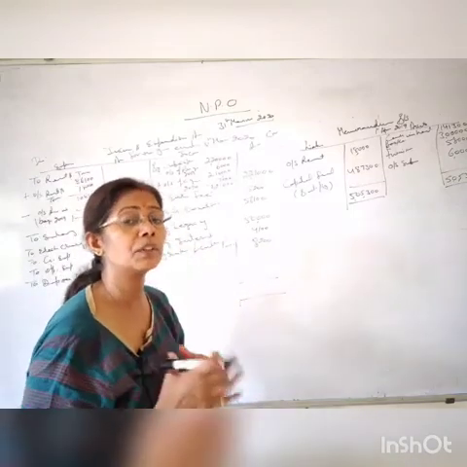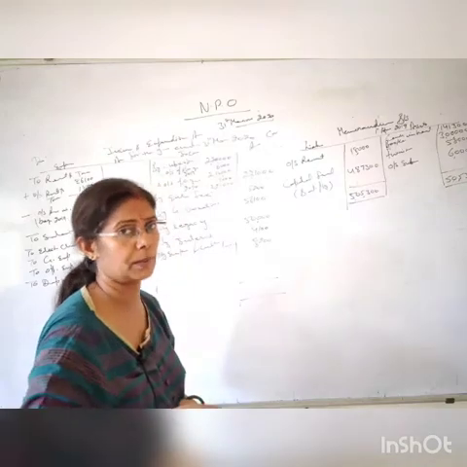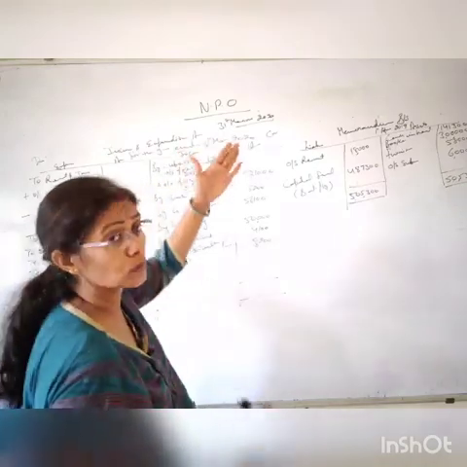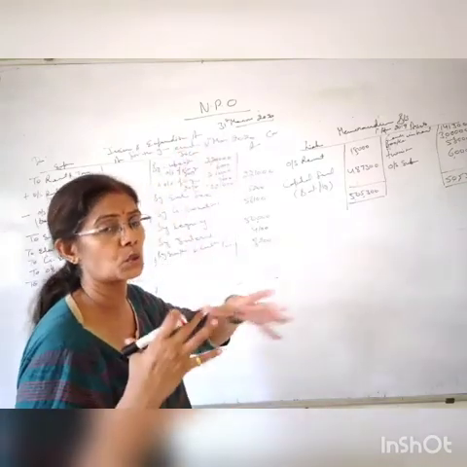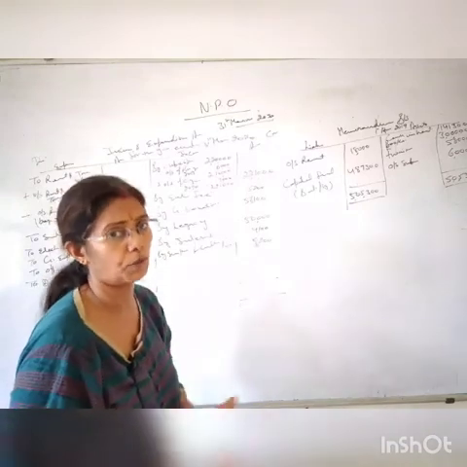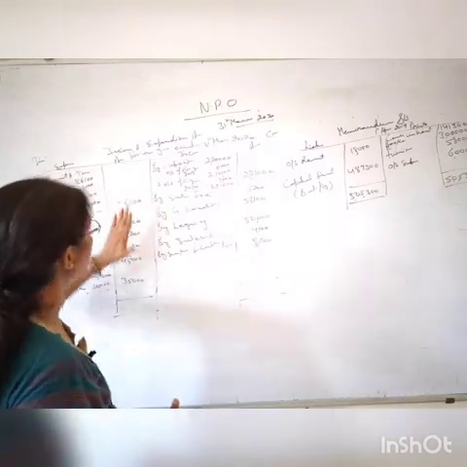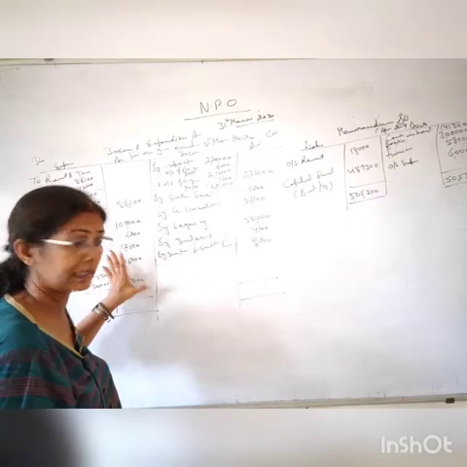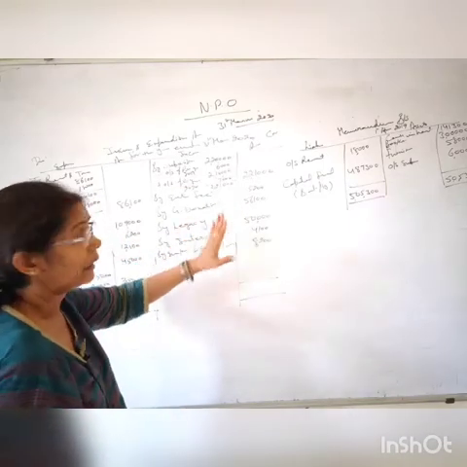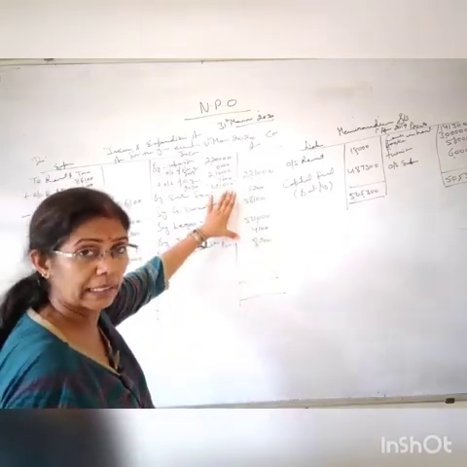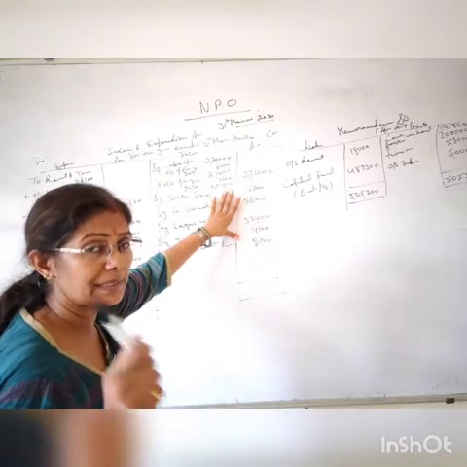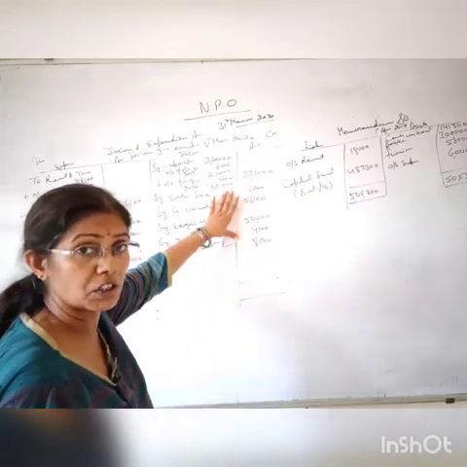But here we don't call it a profit, we call it a surplus, because these are NPOs, non-profit organizations, and they don't use the word profit. And if your expenditures are more, exceeding the income side, and your incomes are less, that is a loss. But we don't term it a loss, we write deficit, all right.